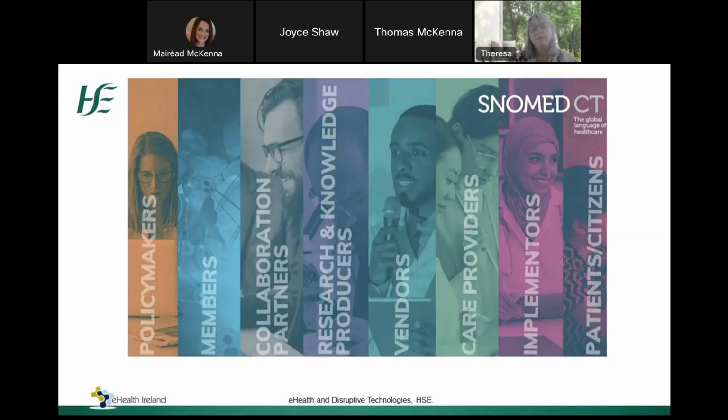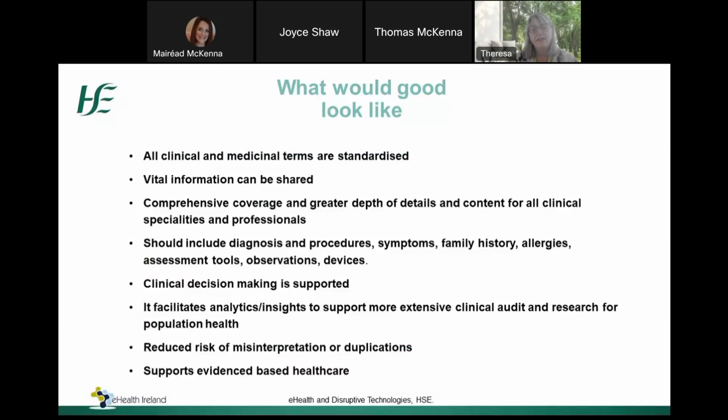So this is just an overview of SNOMED, and I suppose the first thing to think about is when we're talking about data and digital health solutions, whatever they may be, if we're going to put all our healthcare information into an application and use that data in a meaningful way, we need to know what would good look like. What do we think we mean when we talk about data standardization, data quality, usefulness of data, and usability? What do we mean?